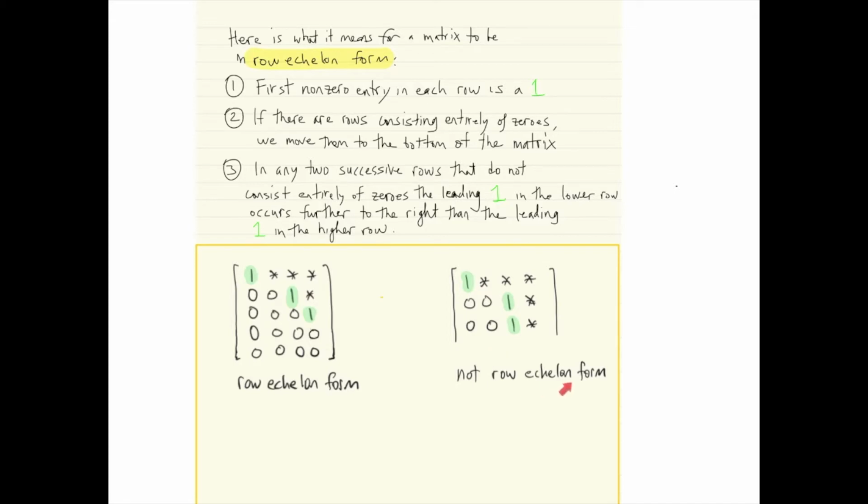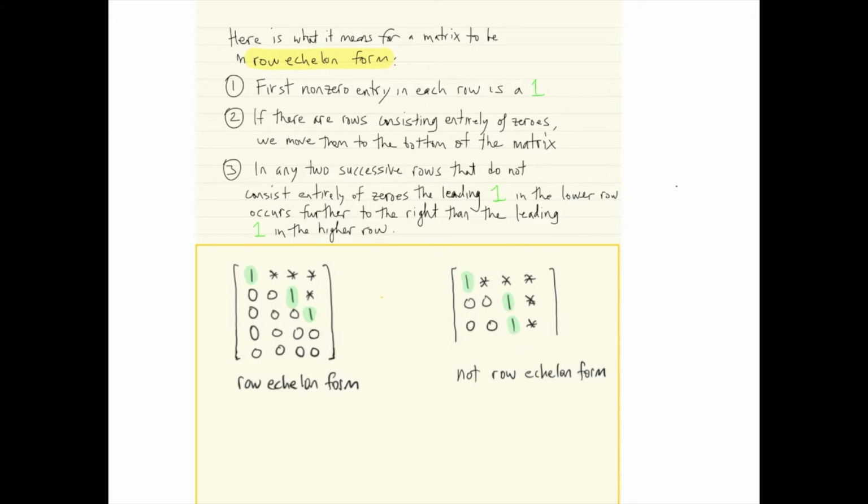The word echelon refers to some sort of positioning, for example, of troops in a military where they're gradually moving to the right or something like this.